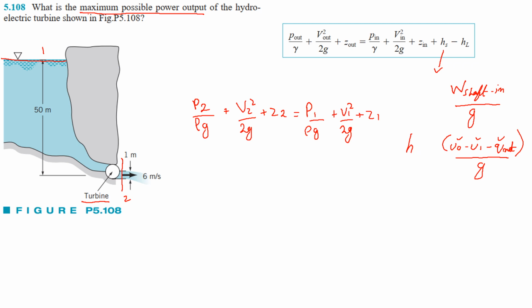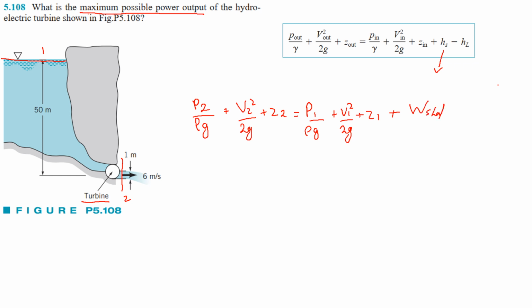and I will add these terms that I just wrote, that is the terms for the HS, the gain or loss of mechanical energy due to shaft work, and the HL, the loss of energy due to friction. So I will write it like that: plus rate of work transfer to the shaft divided by g, and the losses due to friction just like this divided by g.